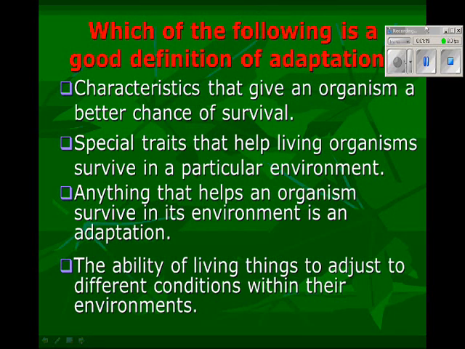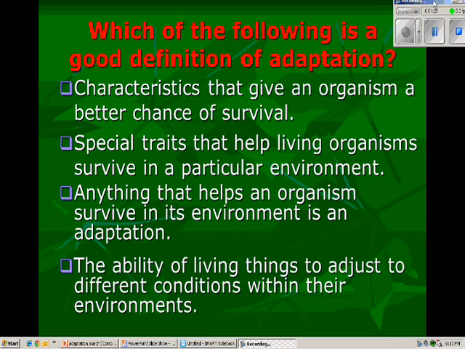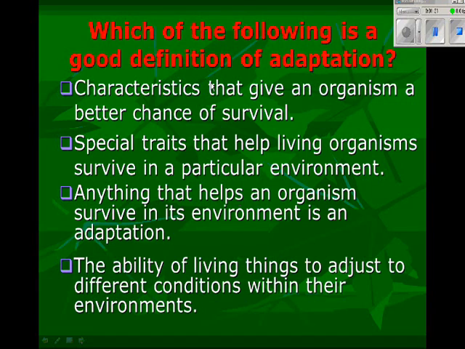Which of the following do you think is a good definition of an adaptation? Is it a characteristic that gives an organism a better chance of survival? Yes. Is it a special trait that helps living organisms survive in a particular environment?